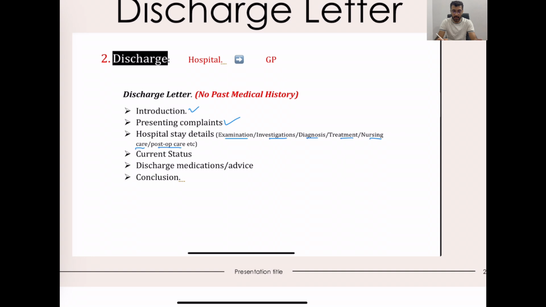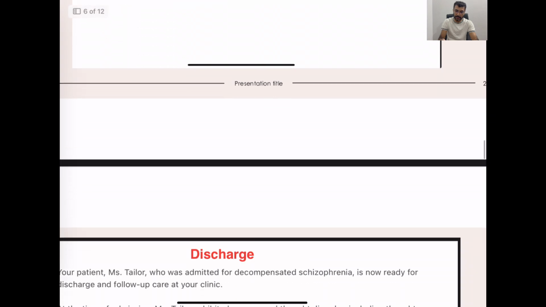Sometimes examination will be omitted, there will be no investigation. We will not be making a diagnosis, patient has already been diagnosed. So in that scenario, examination, investigation, and these things will be omitted. But if they are present, this is the order how we write them. Then patient's current status, then discharge medication, advice, and then conclusion. Let's see a sample letter.